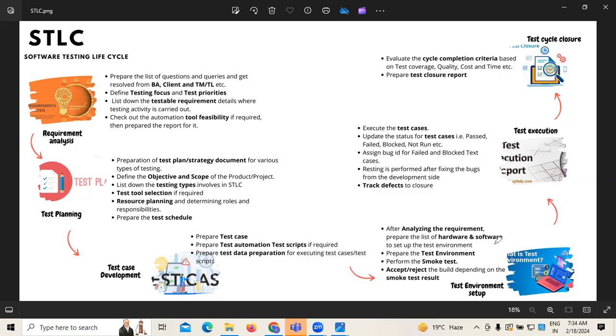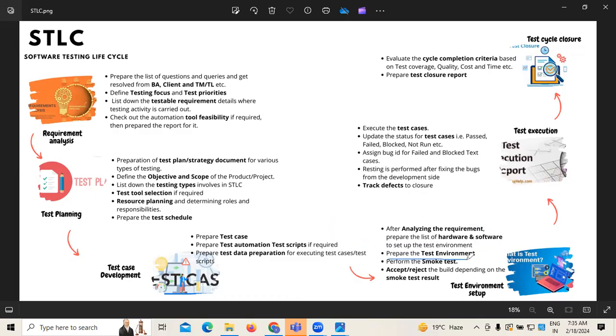So we need to identify all the required hardware and software to set up the test environment. Once we have analyzed the requirements, we have to ensure what kind of hardware and software is needed. Infrastructure is required for us to do the testing, in context to automation testing. All these things come under this category in the test environment.